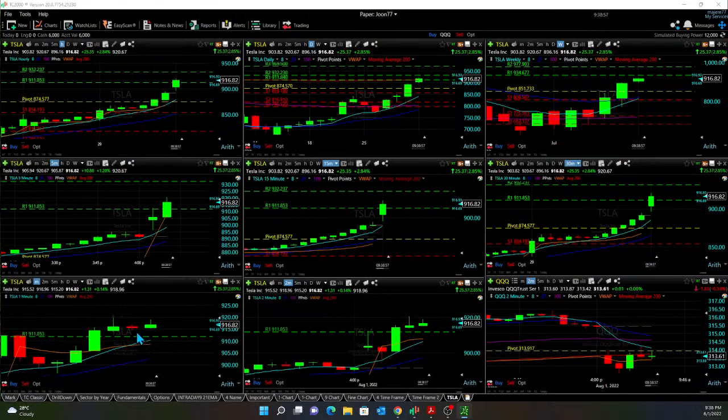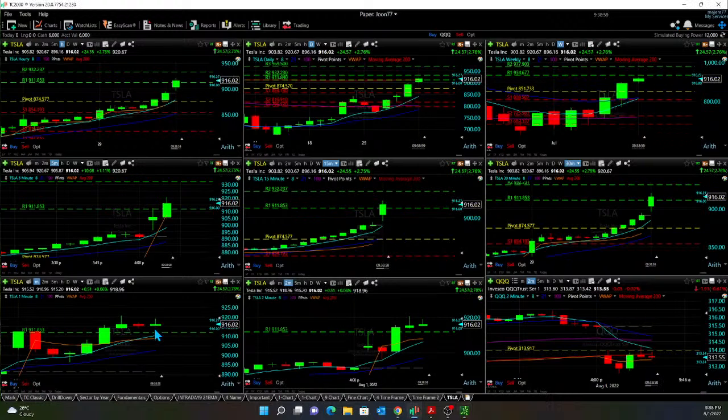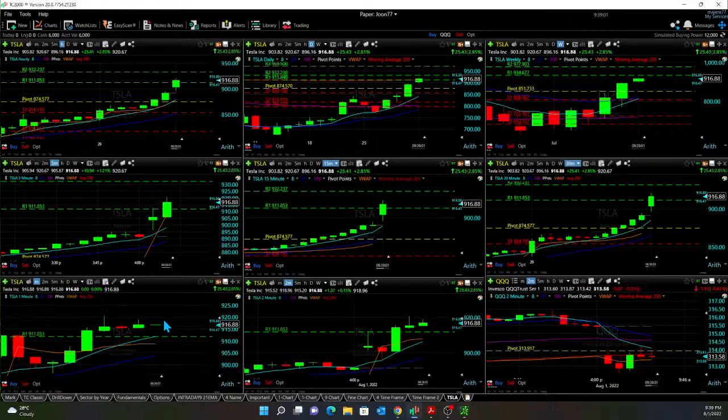Now we have a slight bounce, but if anyone were to somehow take this, do remember to quickly sell out. Now it is bouncing back up with a second green bar.